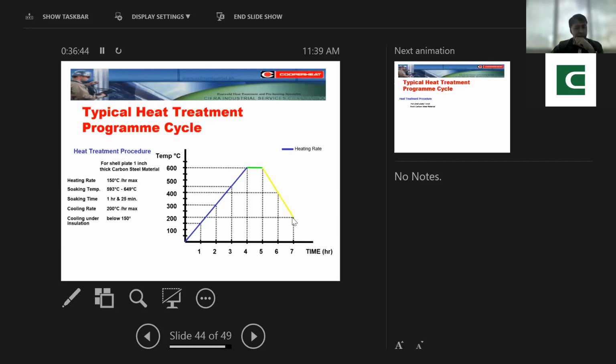And then ang cooling down up to 400, inabot ng 2 hours. So the total heat treatment cycle is more than 7 hours in order for you to achieve the complete stress relieving removal of your residual stress on our wellhead.